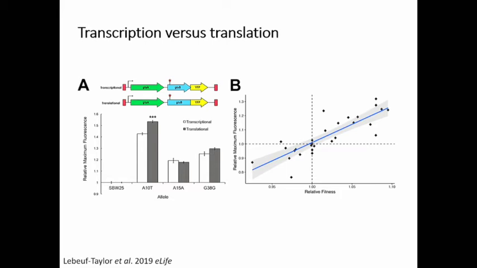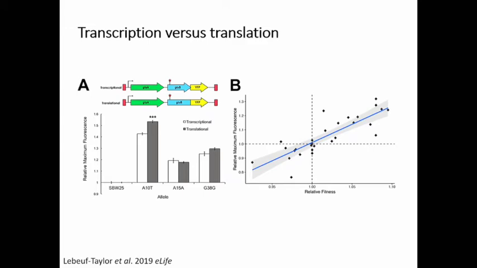What was done was we again put in a reporter gene, as I talked about a couple of slides back in terms of understanding differences in expression, but put that reporter gene in different places to distinguish between increases due to transcription versus translational differences.